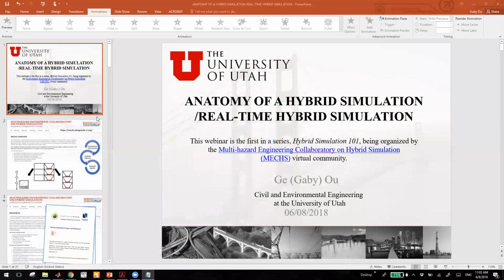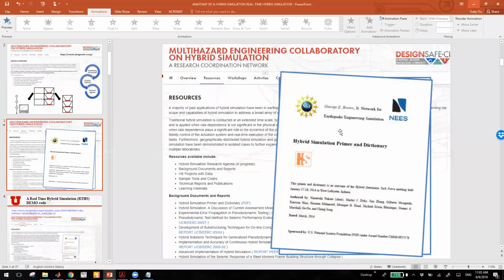Today's presentation is introductory to hybrid simulation and real-time hybrid simulation. It combines the primer that we have on the MECHS resource website, and also includes two examples of hardware and software setup and an online demo for an RTHS example.